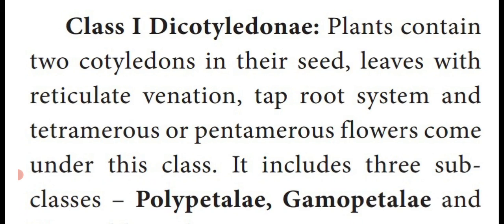Plants which contain two cotyledons in the seed, leaves which show reticulate venation. That means the veins are arranged in a net-like form in the leaf lamina, known as reticulate venation, and they show the taproot system.